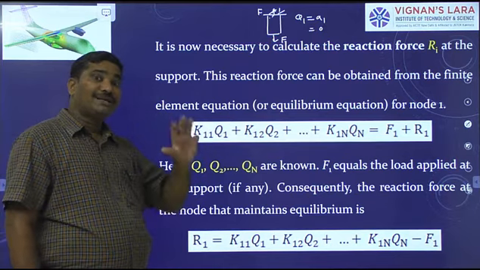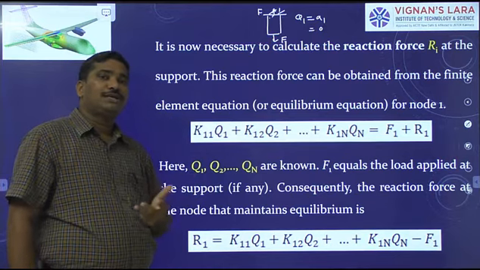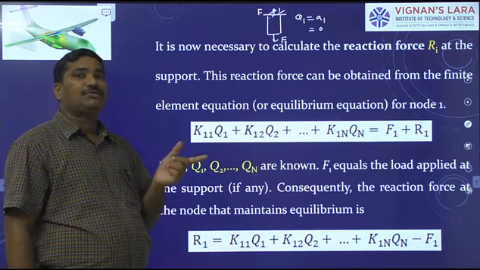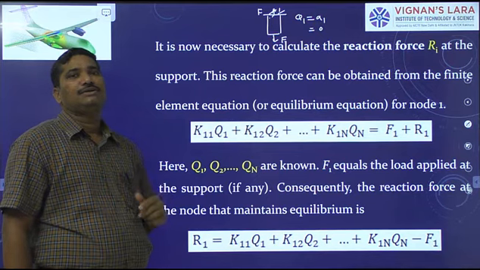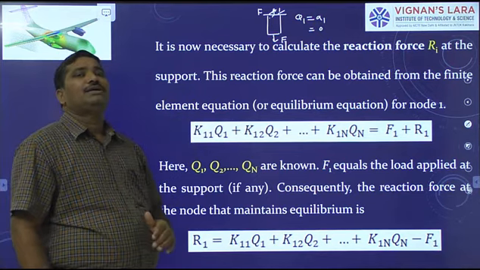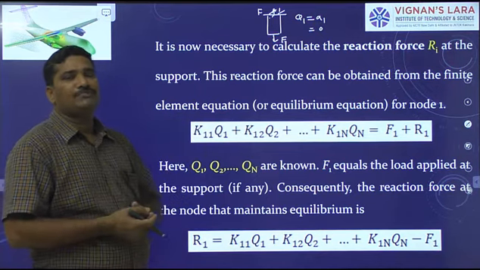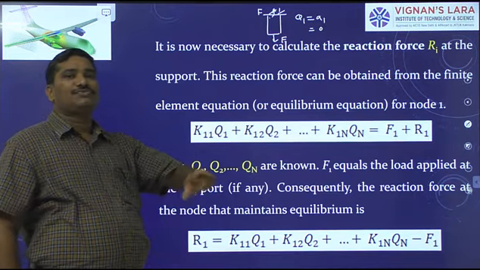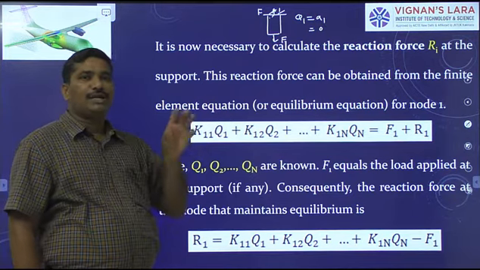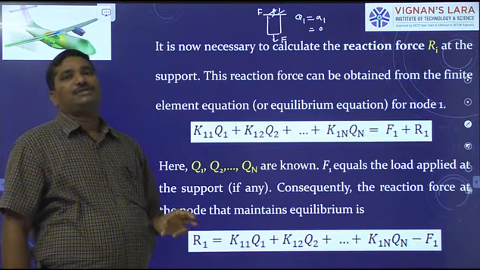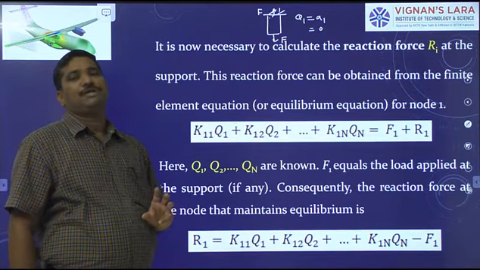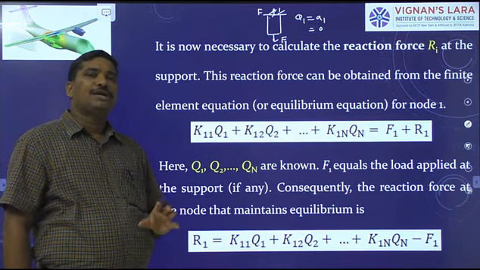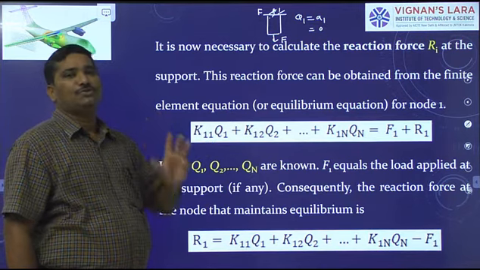Then we extremize the total potential energy with respect to Qi, where i equal to 2 to n, right? And we obtain the equations of equilibrium. How many equations of equilibrium were obtained? N minus 1. When you solve them, you get the nodal displacements. Once you get the nodal displacements, you can determine the element stresses, element strains, and reactions at the supports also.